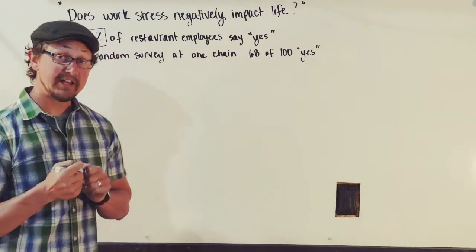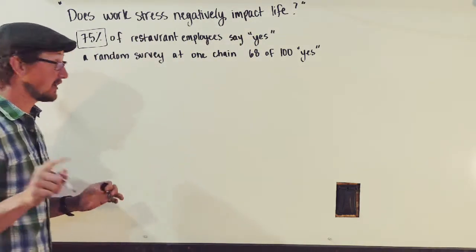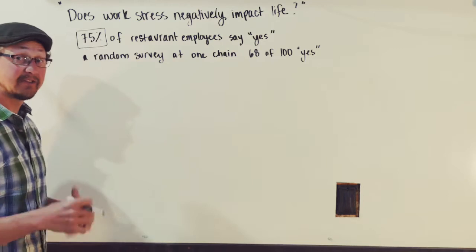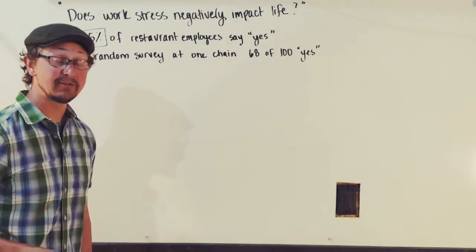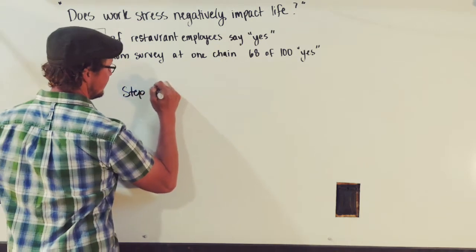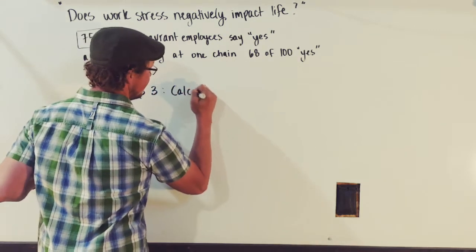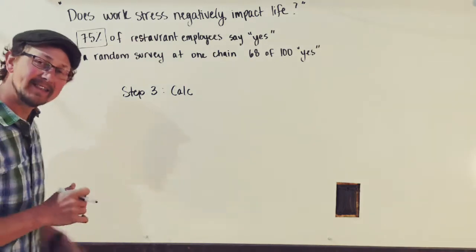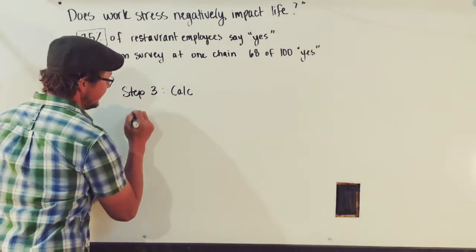I showed in the previous video that step 3, our computation, our calculation step, is a little bit different than it has been for calculating a mean. Let's go ahead and look at that a little bit closer here.